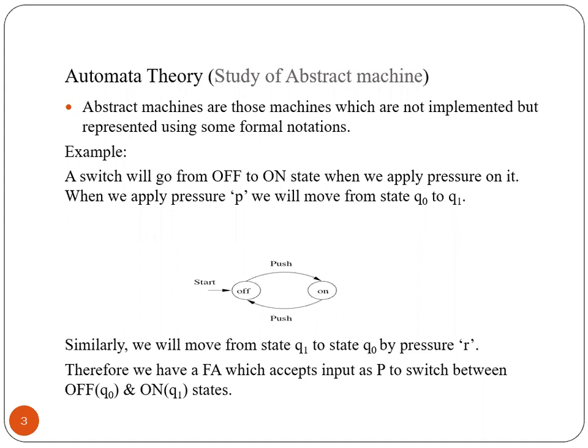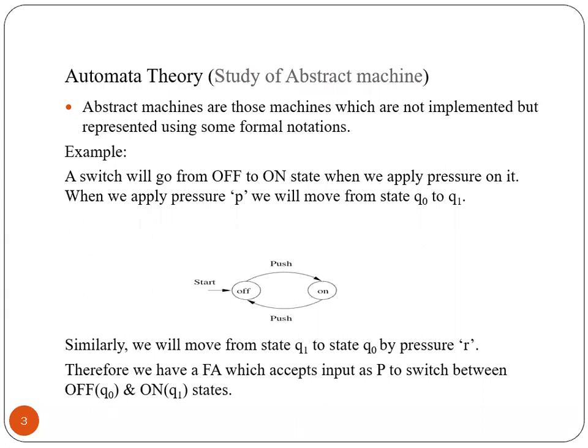For example, you have seen the electricity switches at your houses, right? A switch will go from off to on state when we apply pressure on it. When we apply pressure P, we will move from state Q0 to Q1.